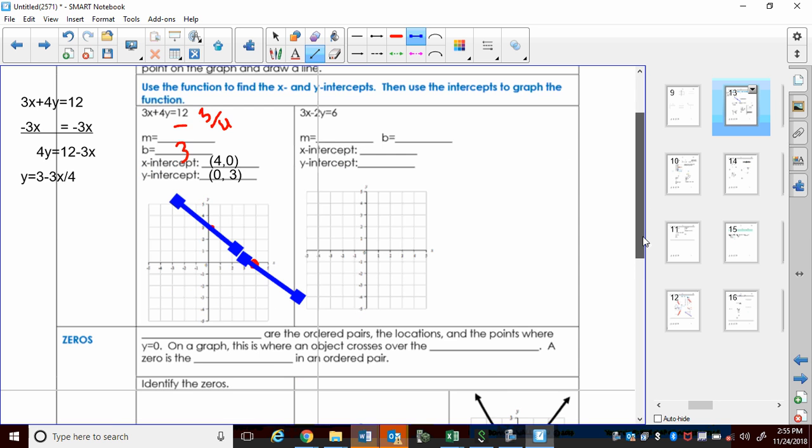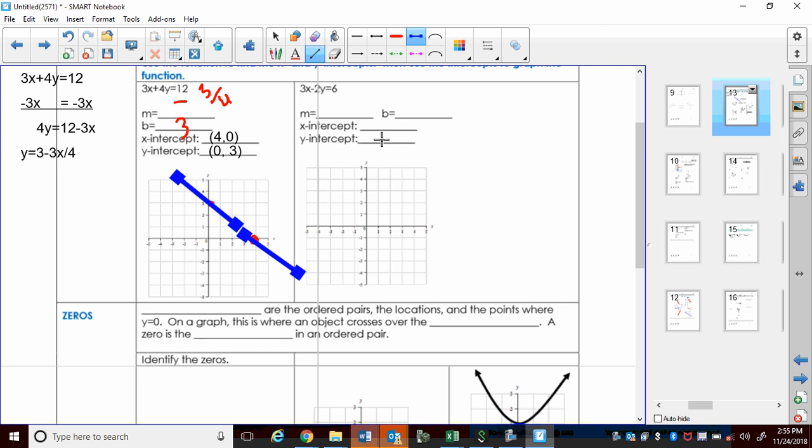Okay? So for the next one, you do that one on your own. You should be able to graph it. What you'll find is that your x-intercept is 2 comma 0. Y-intercept is going to be 0 comma negative 3. B is going to be negative 3. Your slope is going to be 3 over 2.